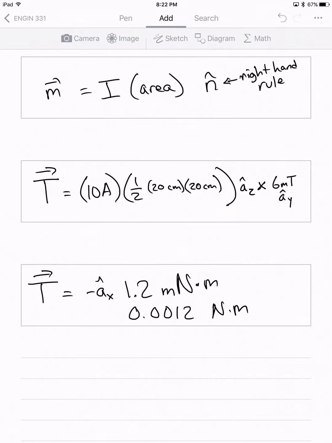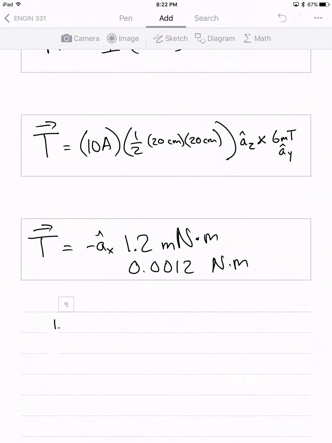The long way to do it would be 1, find the center of mass. Because the triangle, since it's free to rotate, will rotate around its center of mass.